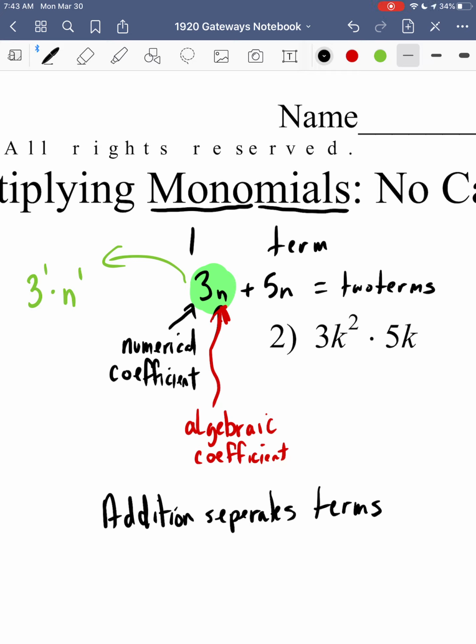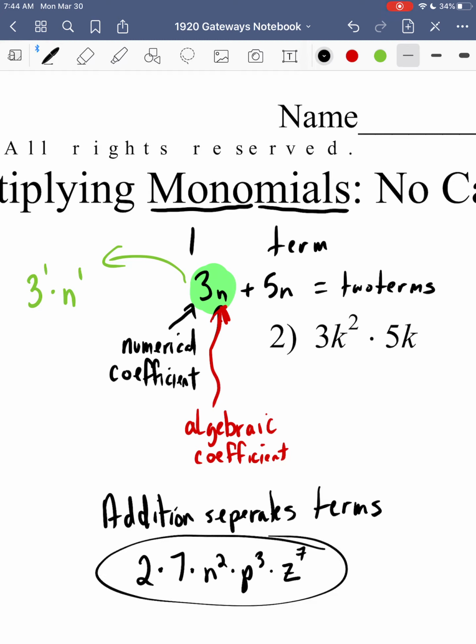Addition separates terms. So if I were to write some crazy term like 2 times 7 times n to the second times p to the third times z to the seventh, that's all one term, as long and as crazy as that looks.